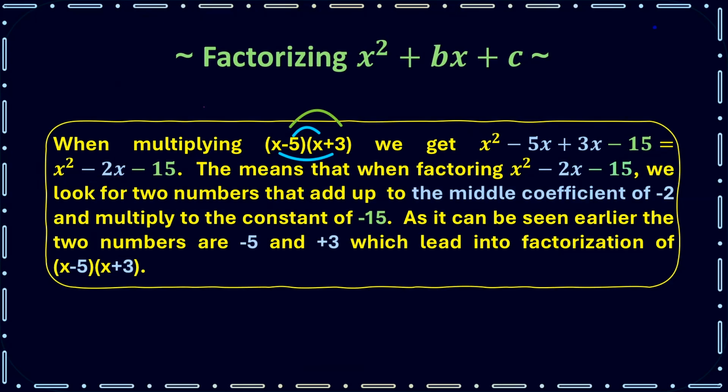At the same time, those two numbers are being multiplied to get negative 15. So when you're factoring a quadratic that has a leading coefficient of 1, you're looking for two numbers that always multiply to the constant and add up to the middle coefficient.